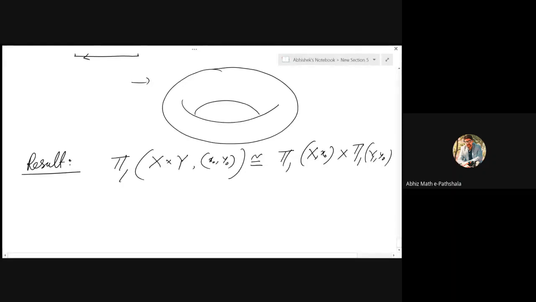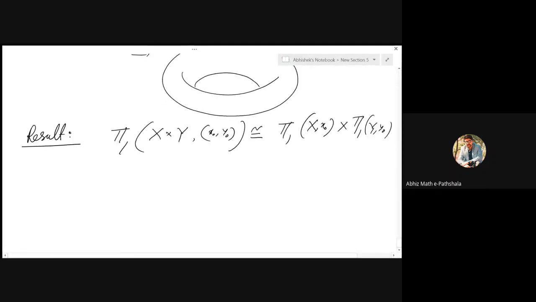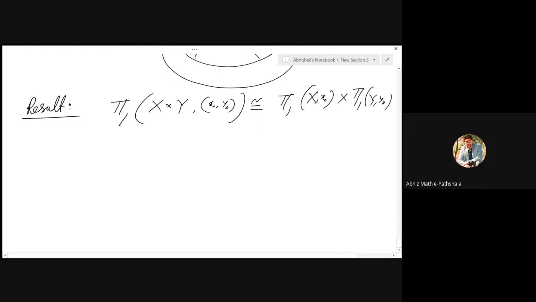But how to get this one? By using projection maps. Since you have this product space, you have the projection maps. Suppose one is P1, which is from X cross Y to X, and another one is P2 from X cross Y to Y. So these are projection maps.